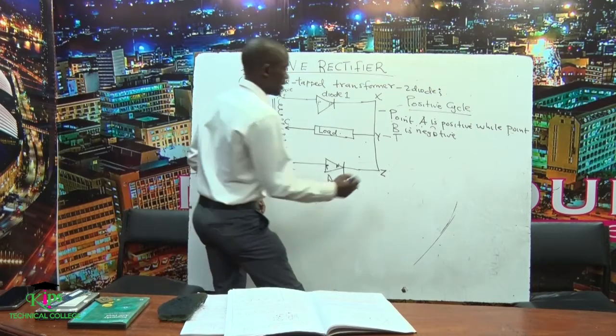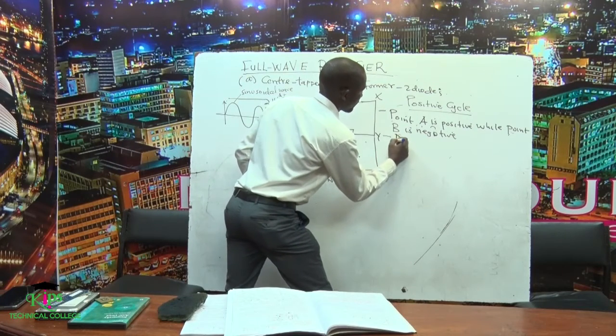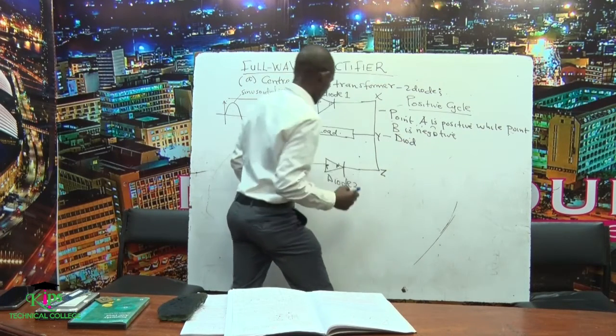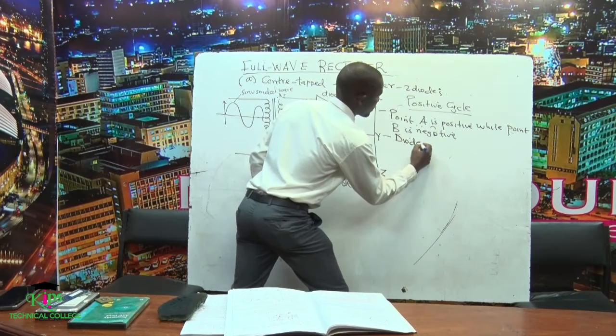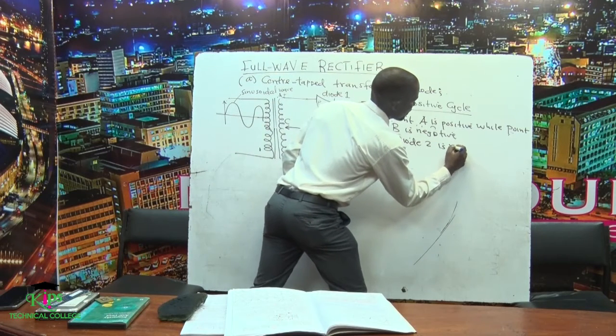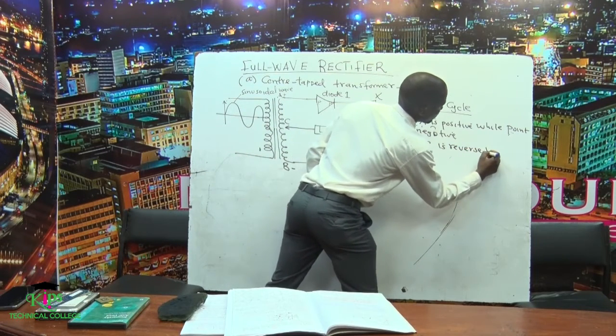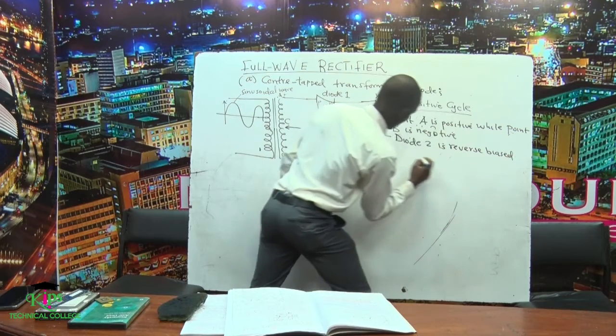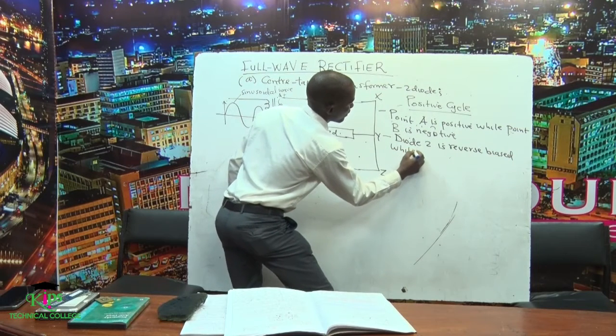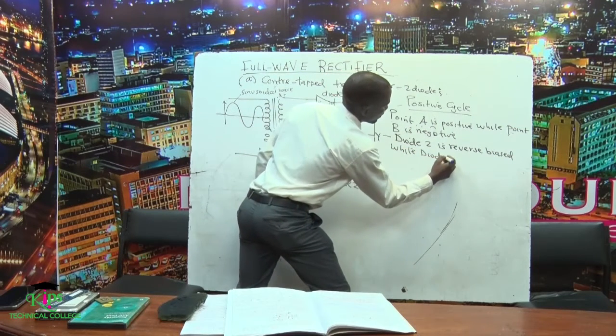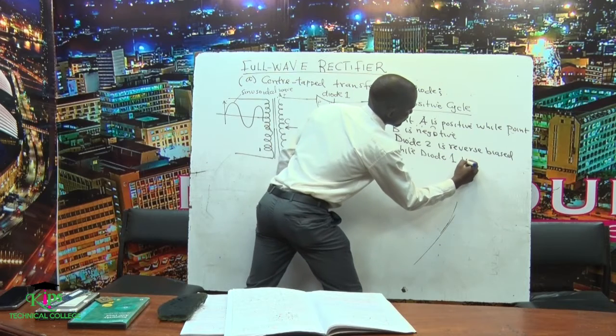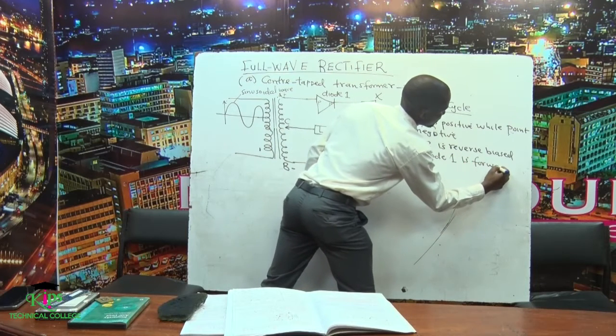So we can say diode 2 is reverse biased, while diode 1 is forward biased.